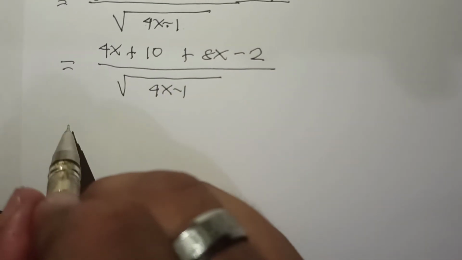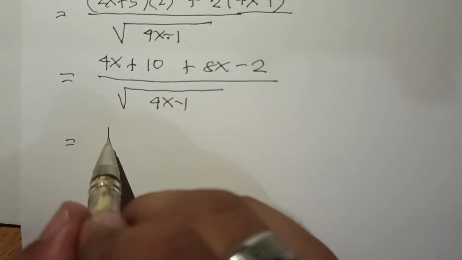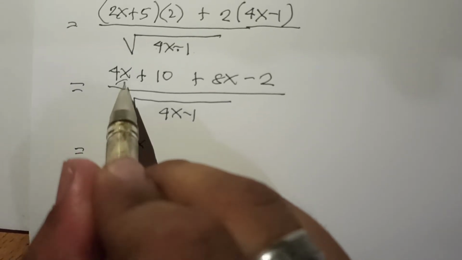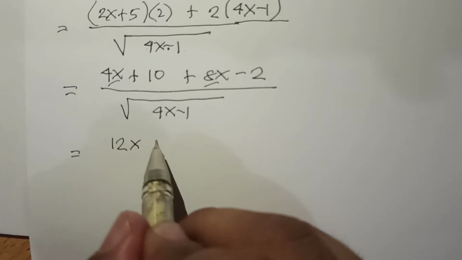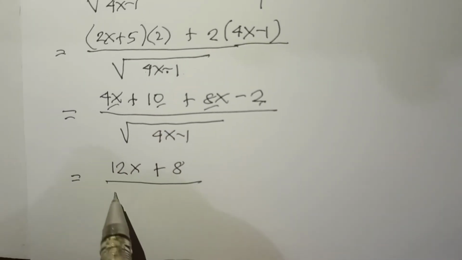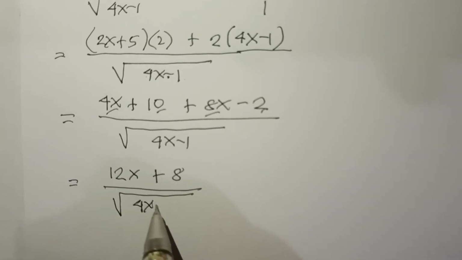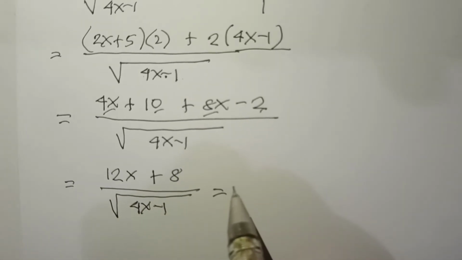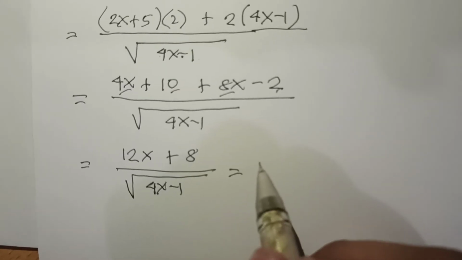So next, we have to simplify. This is 12x, just copy, plus 8, because you're going to subtract, over the square root of 4x minus 1. So we need to factor this one. This is factorable by 4.